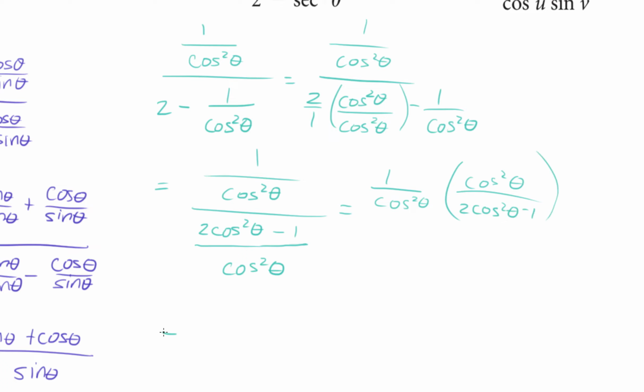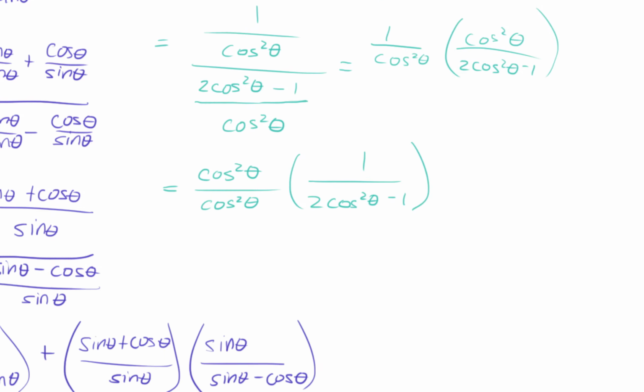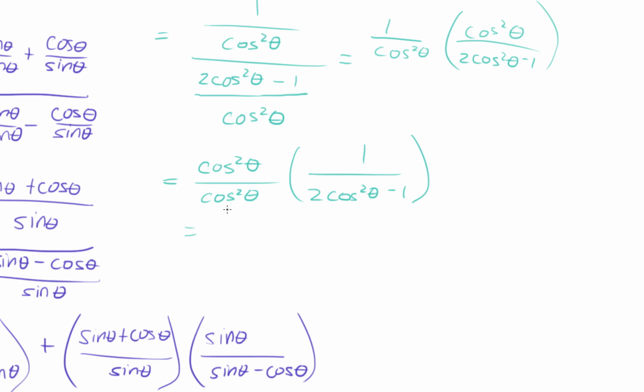I'm going to use the commutative law again. I'm going to flip these two. So it's going to be cosine square of theta over cosine square of theta times 1 over 2 cosine square of theta minus 1.